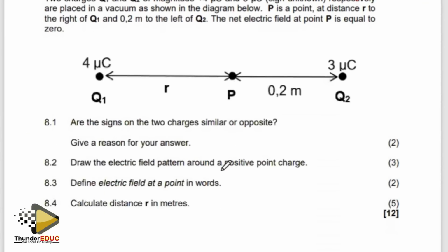Then question 8, two charges, Q1 and Q2 of magnitude that, and the signs unknown respectively, are placed in vacuum as shown in the diagram. P is a point at a distance r to the right of Q1, which is 0.2 meters, and so on. The net electric field at point P is equal to 0.